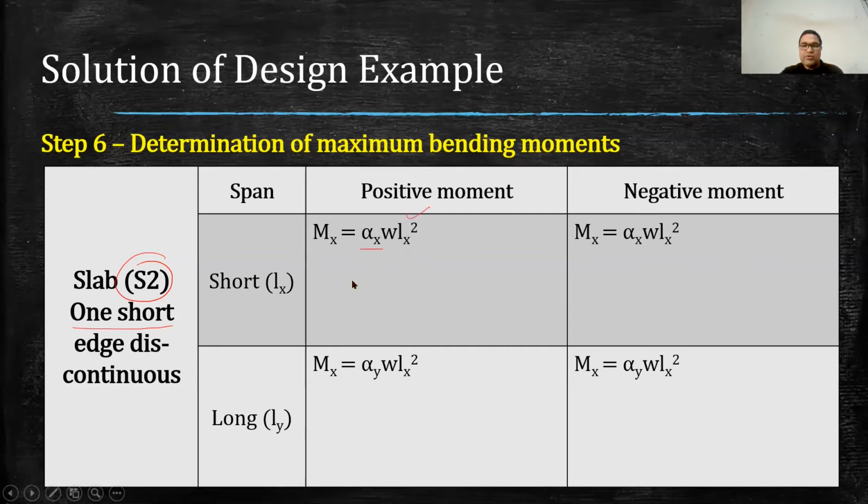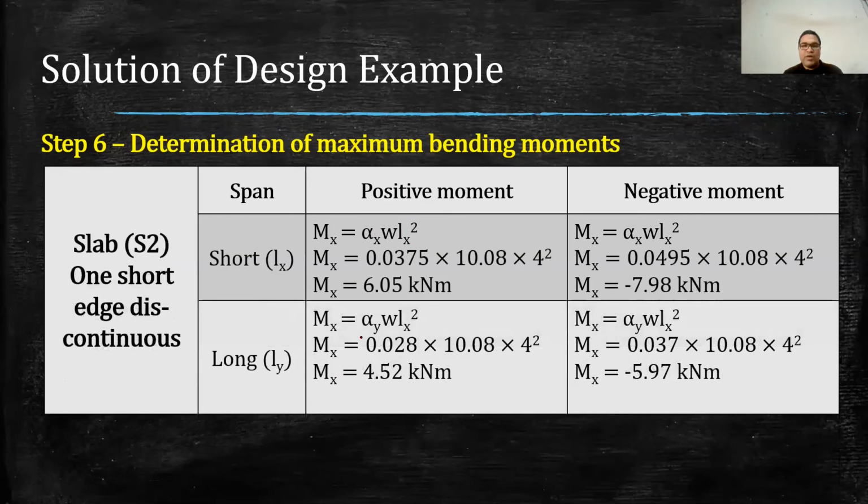So putting all the values, we can calculate the value of Mx positive, negative, My positive, negative. So these are the bending moments for shorter span. So now basically for S2, we have four values of bending moment. One is 6.05, 4.52, 7.98, 5.97.